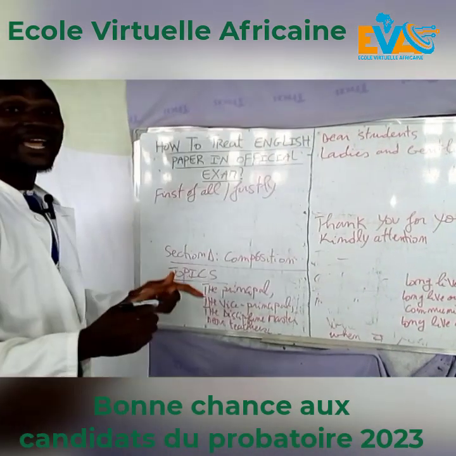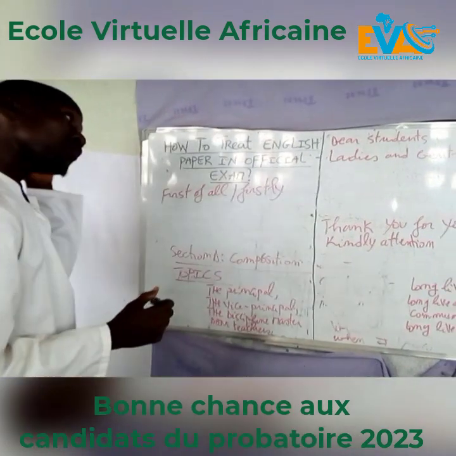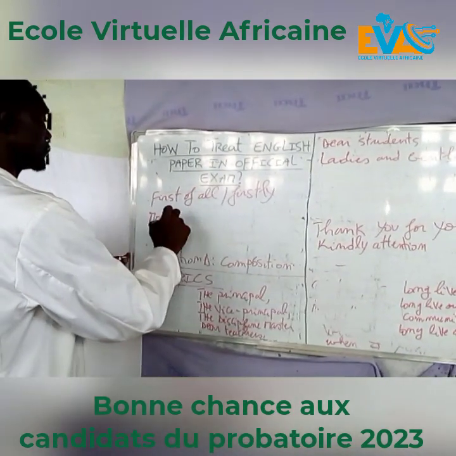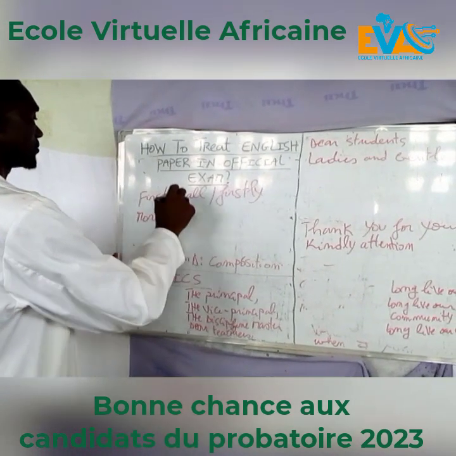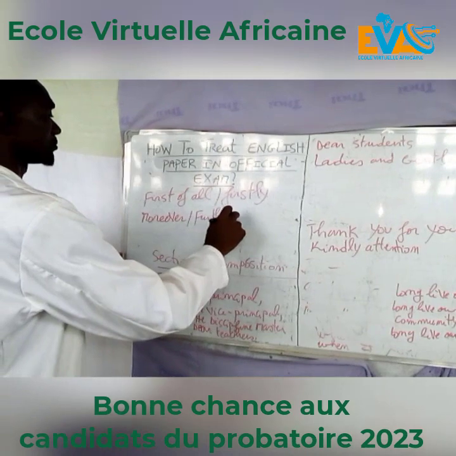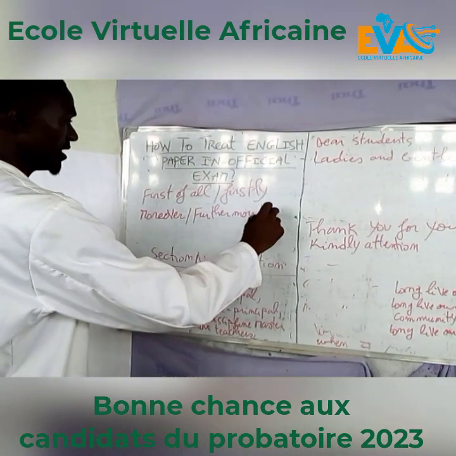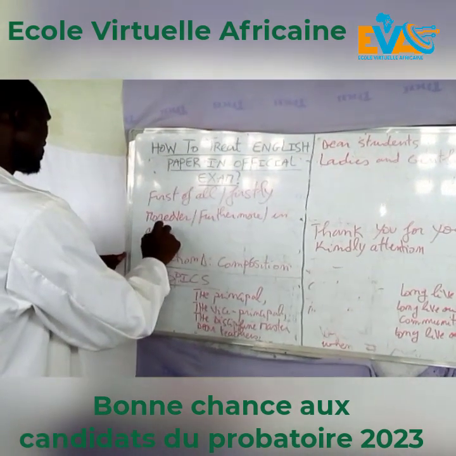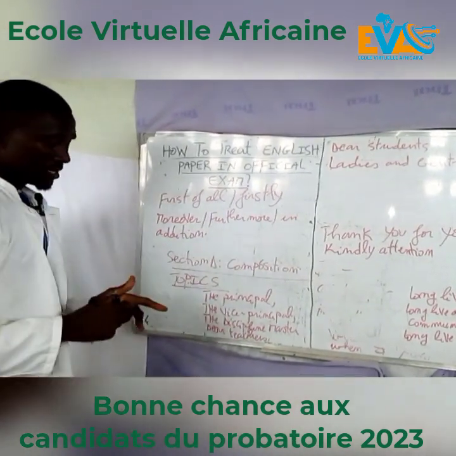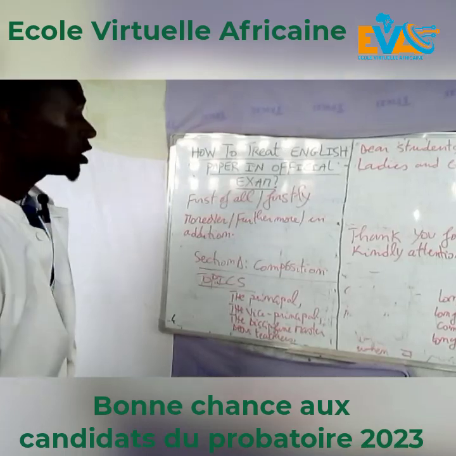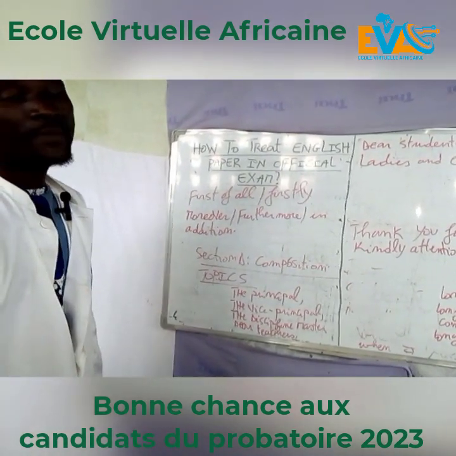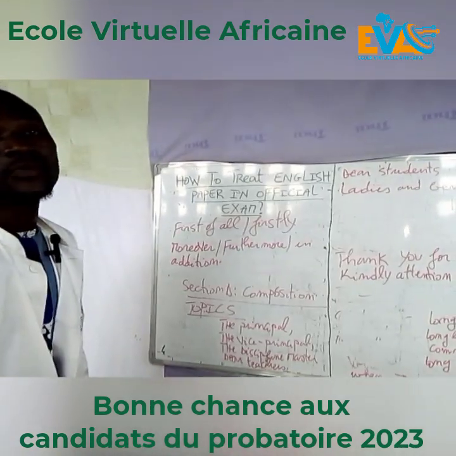Then when you want to add, you use addition connecting words: moreover, furthermore, even in addition. Then there is always a transition when you move from the first idea to the second, I mean the thesis to the antithesis, because when we are talking about an argumentative essay, there is a thesis and an antithesis.